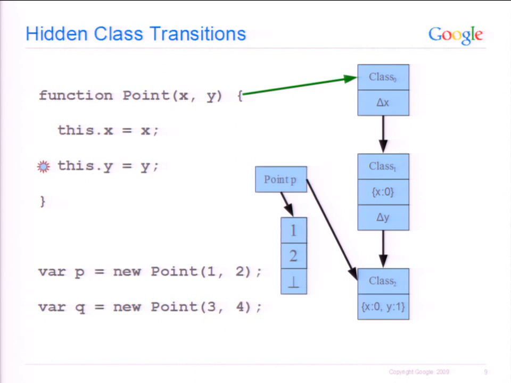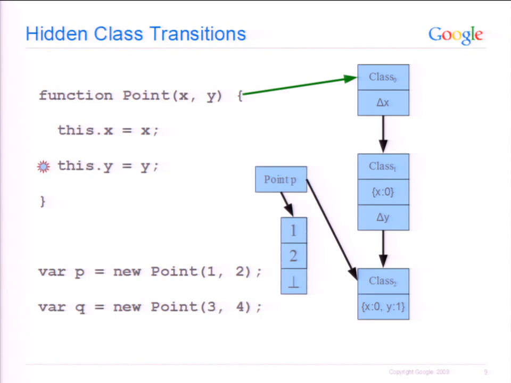Likewise, statement 2: when you assign the y property to a point, it finds out it doesn't have it inside the object yet, so you create a new class called class 2. And you can see here you now describe that you have x and y as properties, and you can assign 2 to the backing storage. And then, of course, you have to put in the transition from class 1 to class 2.